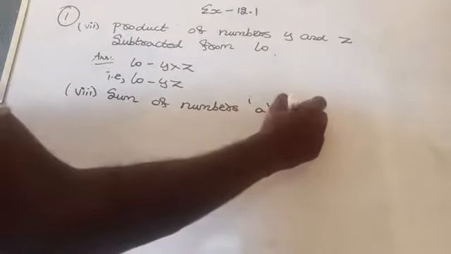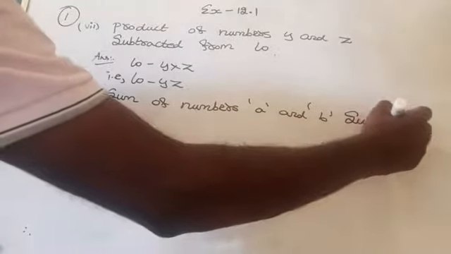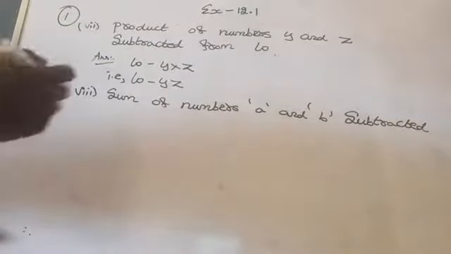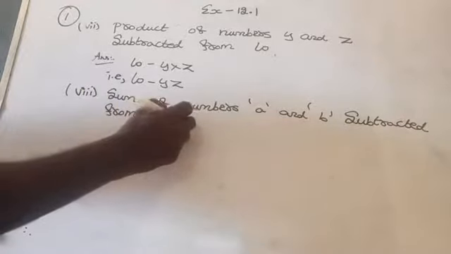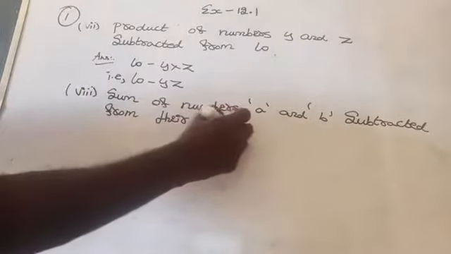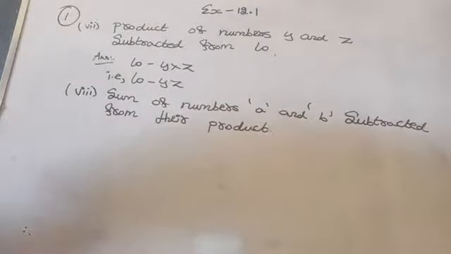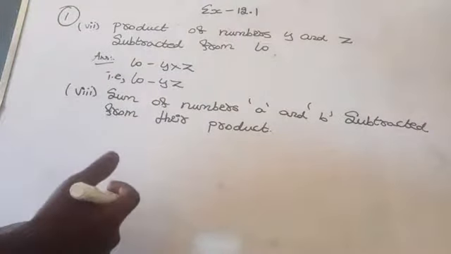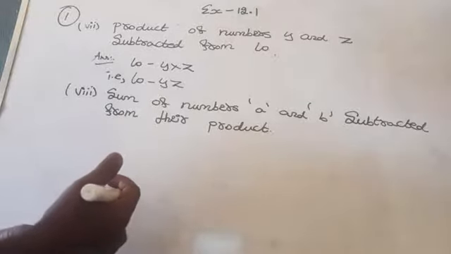The sum of a and b is a plus b, and their product is a into b.